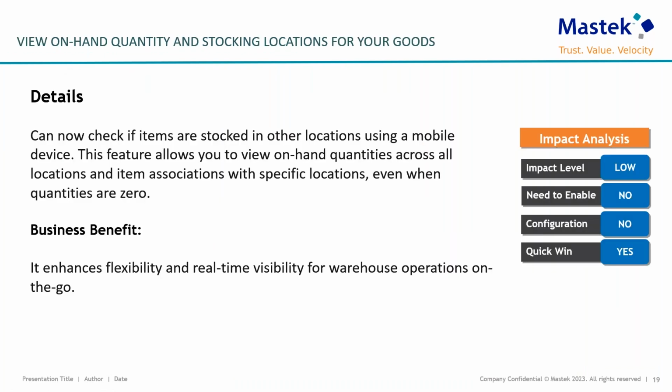Now moving to the next one, which is view on hand quantity and stocking location for your goods. While performing various warehouse transactions, we need an ability to quickly find where an item is stocked.